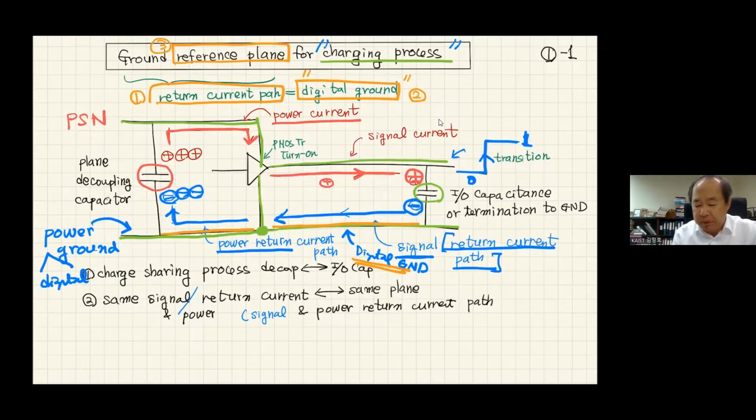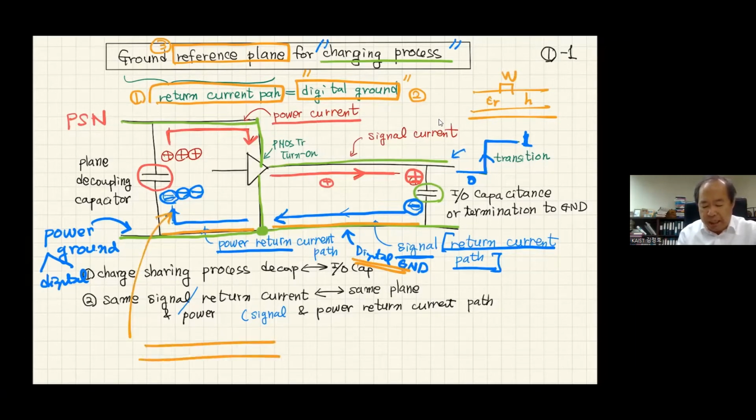The signal ground return current path will face the signal line in the form of a microstrip line, and we design the width, height and dielectric constant to make a 50 ohm transmission line. However, in the power case, we want a very wide power line and wide ground line, the dielectric constant could be very high, and H will be as thin as possible because we want to make the impedance as small as possible. Here we do not want 50 ohm; we want the impedance as small as possible.